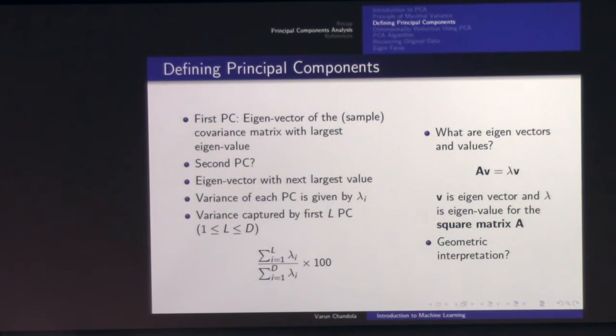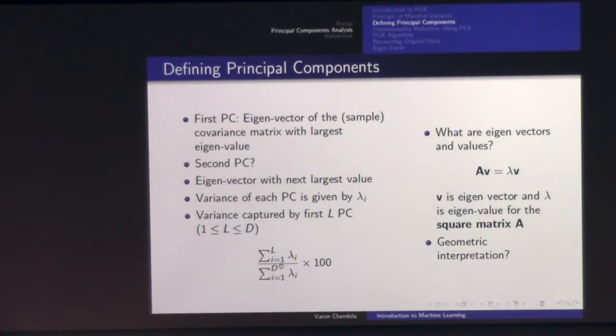If you take the first two, then it will add both of them, and so on. The variance that each principal component explains is given by the eigenvalue, right? So if you sum these up, that will be the total variance. If you only choose L, then you are explaining only part of the variance, right?